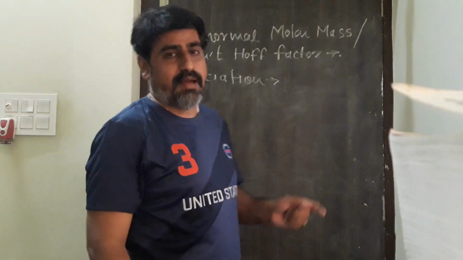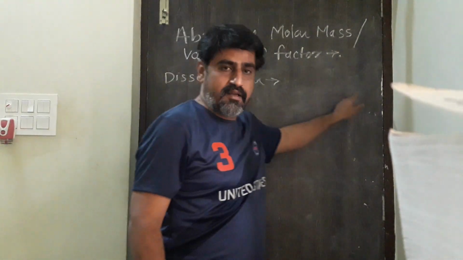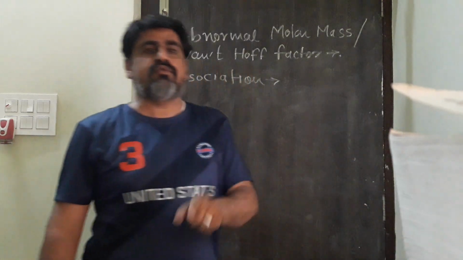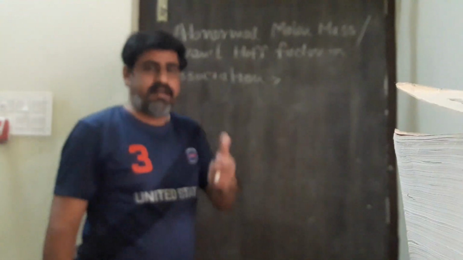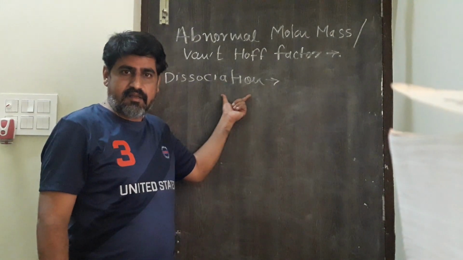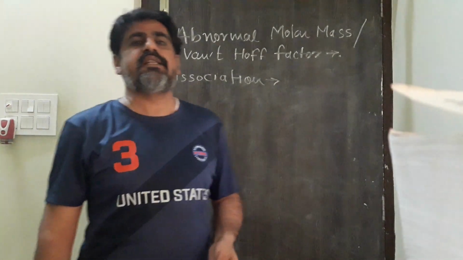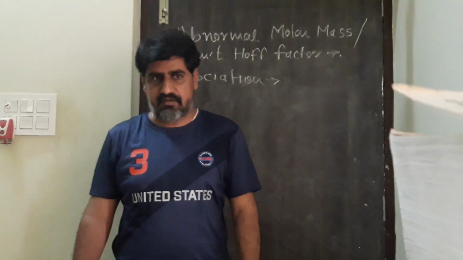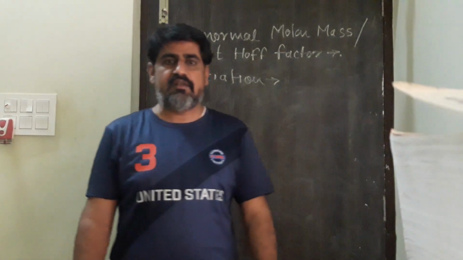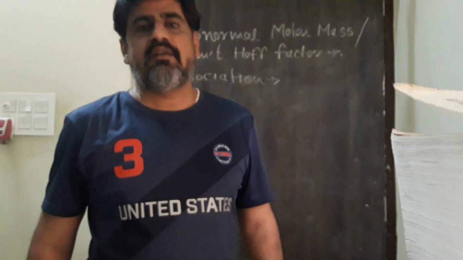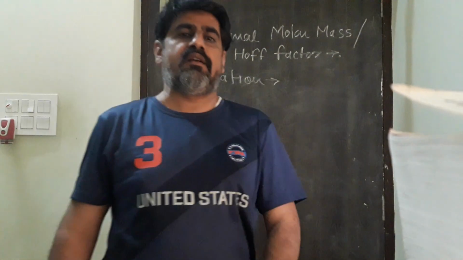Once again I am telling you, I am not going to write everything on the board. You have to write during the preparation of notes using this video or the speech delivered by me. In case of dissociation, a single molecule dissociates into two or more molecules. Hence, the number of solute particles in a solution gets increased, which leads to an increase in the calculated colligative property.